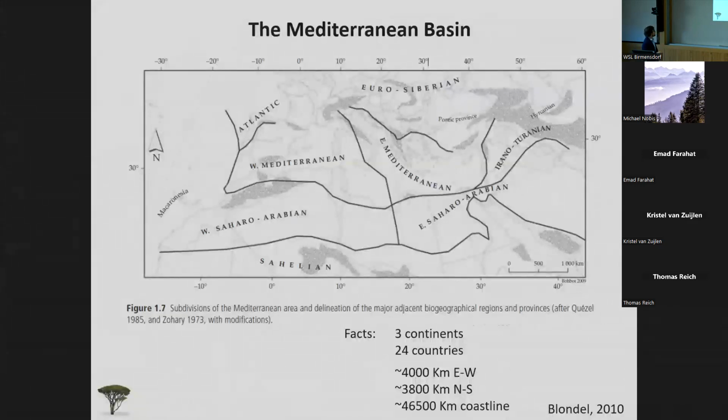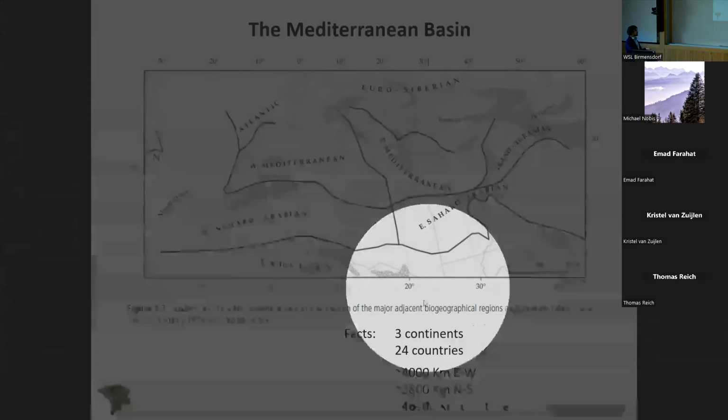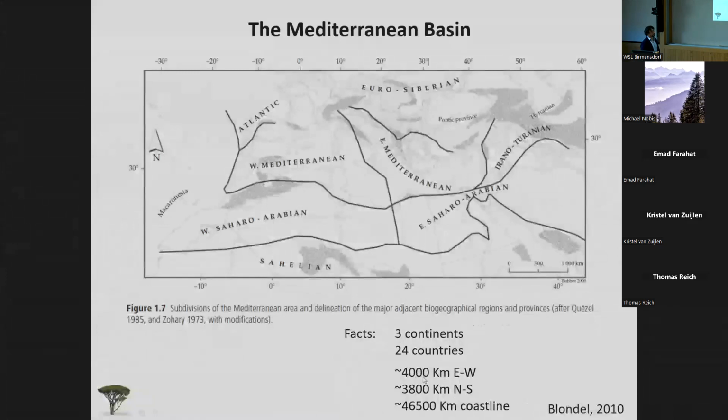And as you can see here, it includes 3 continents, 24 countries, depending on the classification, but most importantly, it has 2 very large gradients in both latitudinal and longitudinal extent. And it also includes almost 15,000 kilometers of coastlines. So there are also a lot of islands.